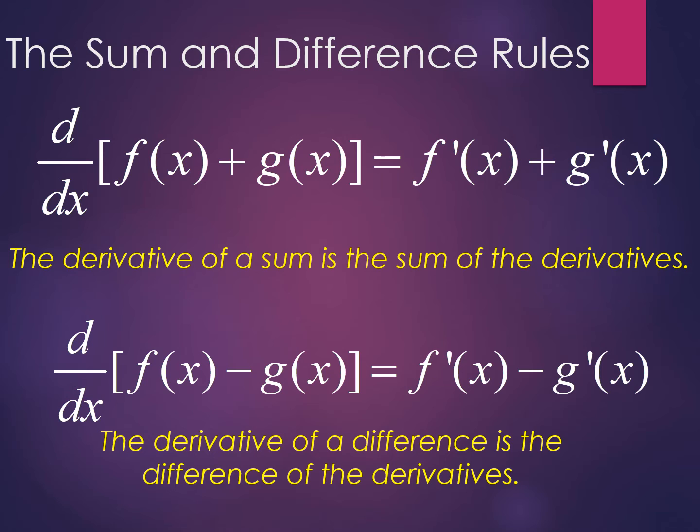But if we have subtraction, d over dx of f of x minus g of x equals f prime of x minus g prime of x. It means that the derivative of a difference is the difference of the derivatives. So first get the derivative of the first function and then subtract the derivative of the second function. Later on, we shall have some examples for this one.